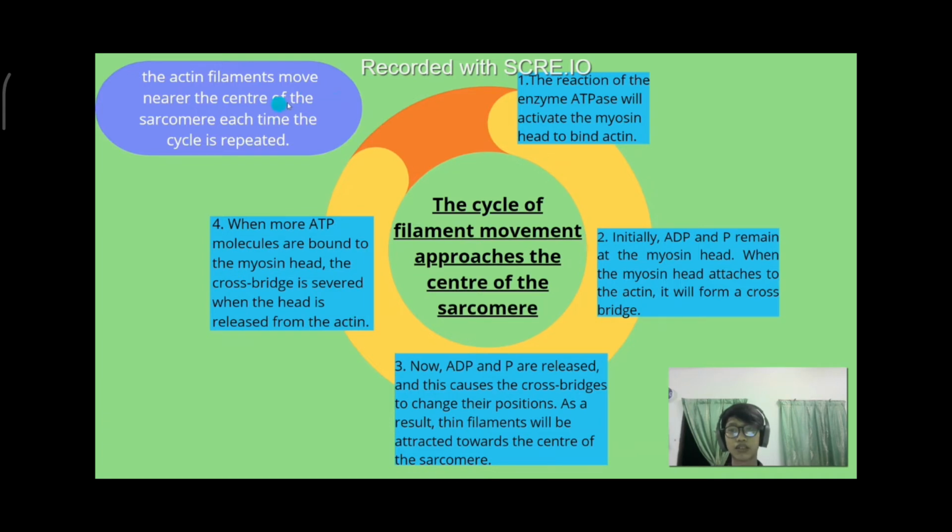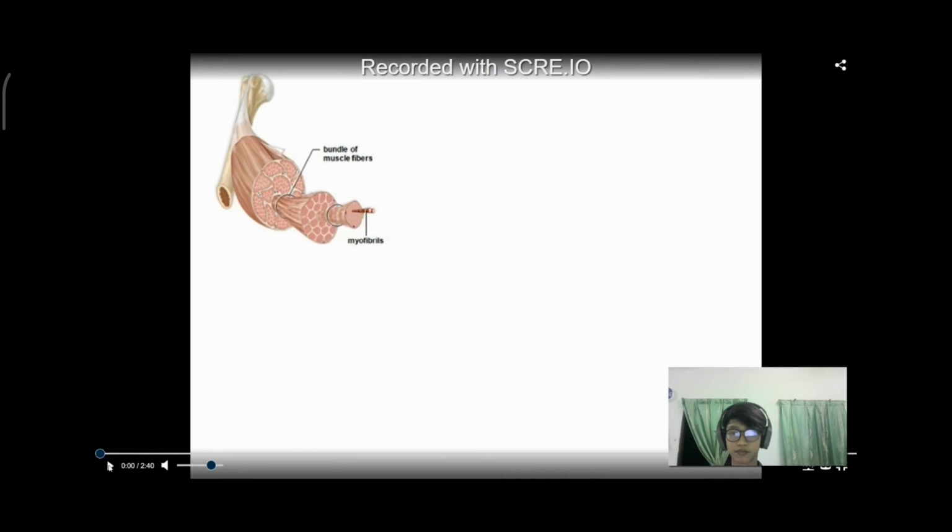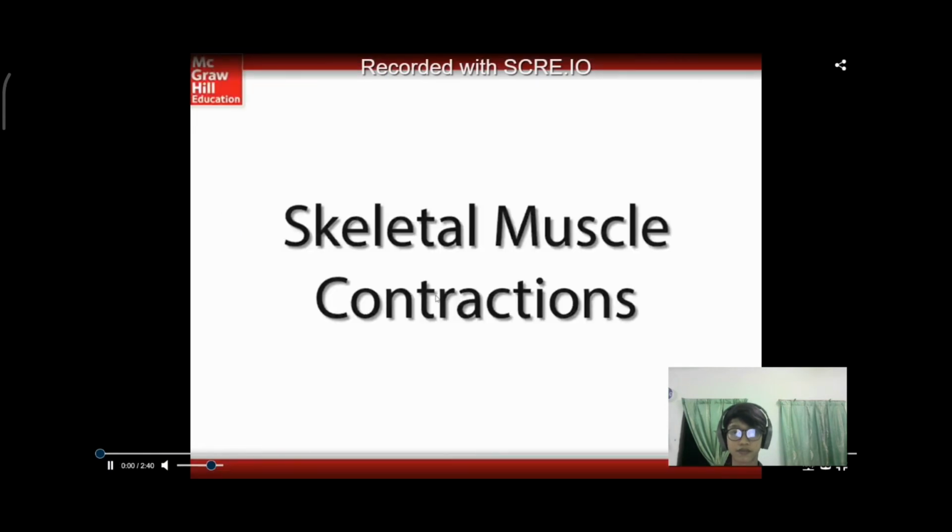So the cycle is repeated. Each time, the actin filaments move nearer to the center of the sarcomere. To help you understand this part better, I will share this video from Connect that explains this part.